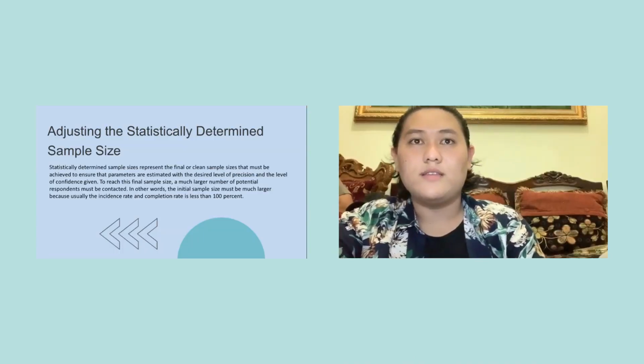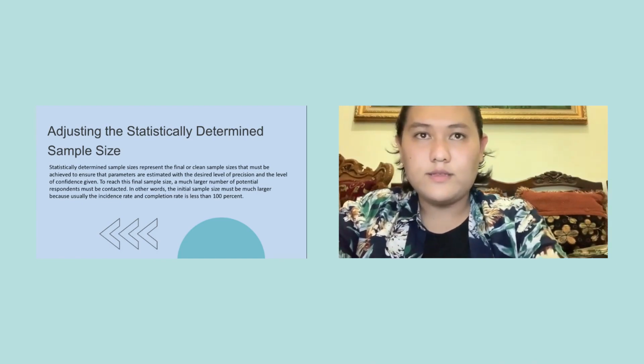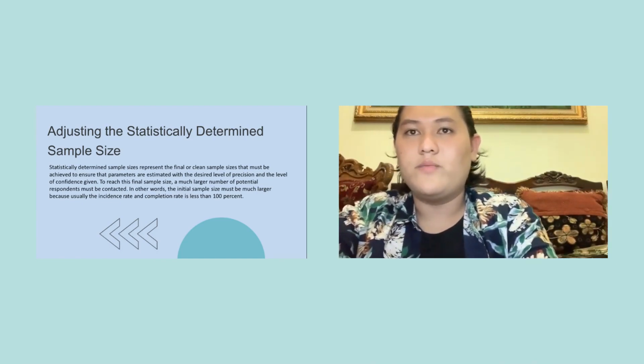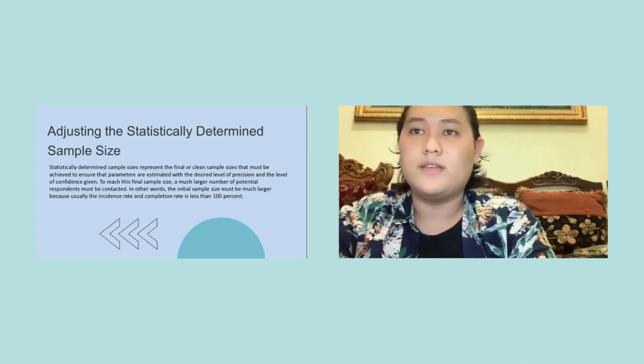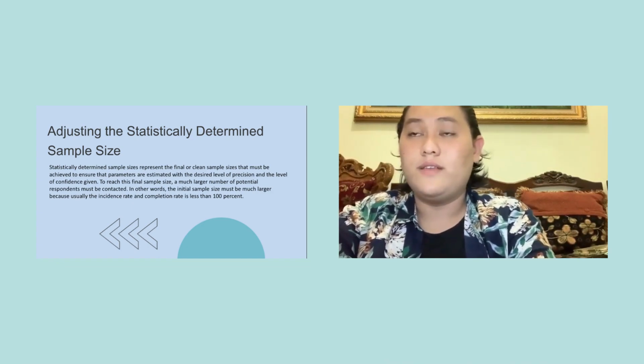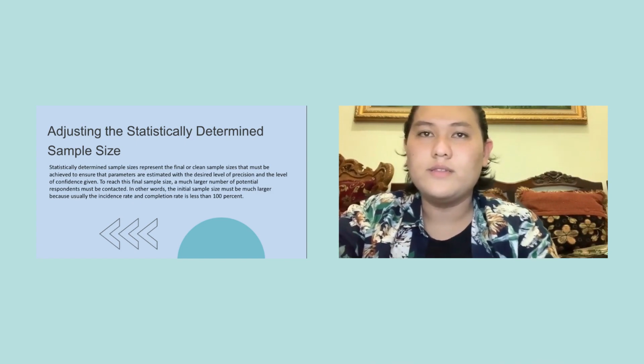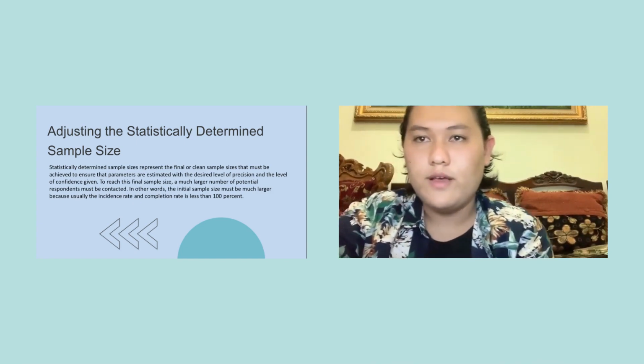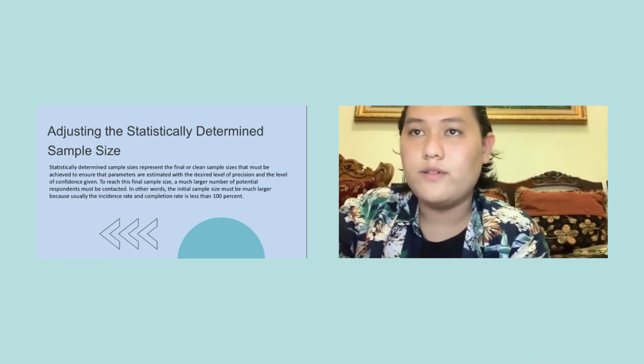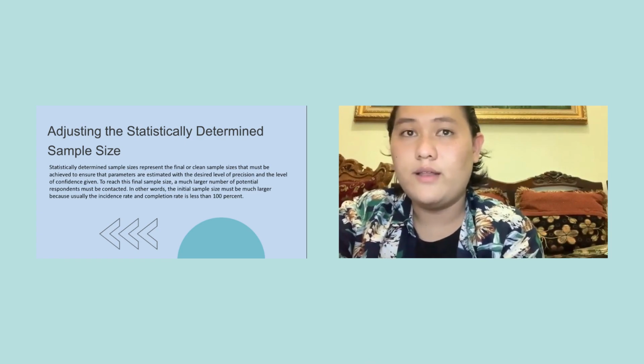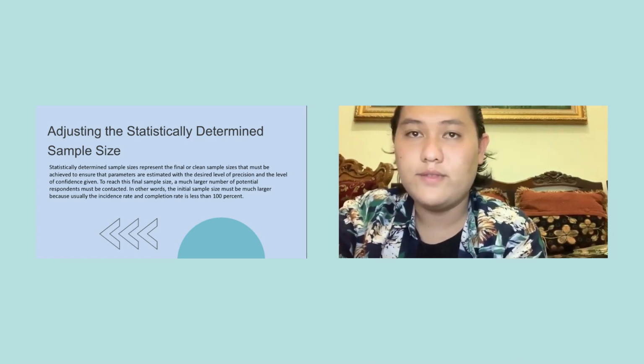The next is adjusting the statistically determined sample size. The statistically determined sample size represents the final or clean sample size that must be achieved to ensure the parameters are estimated with the desired level of precision and the level of confidence given.